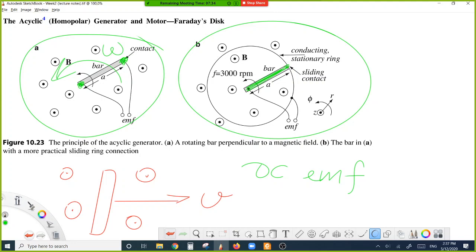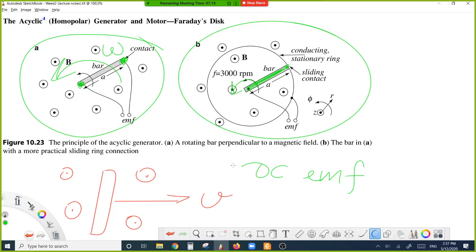Our ring stays stationary, and if the bar rotates at some frequency, we have the induced electromotive force with DC current.